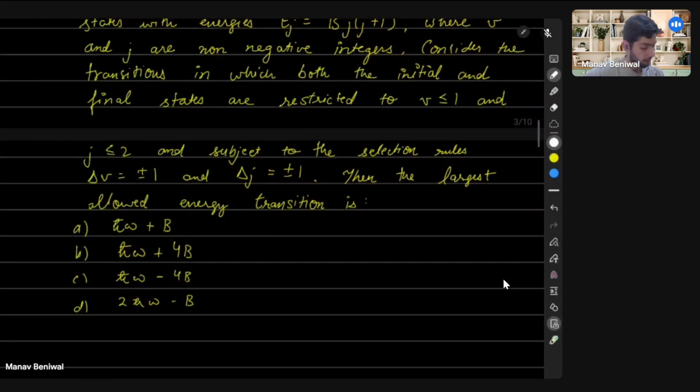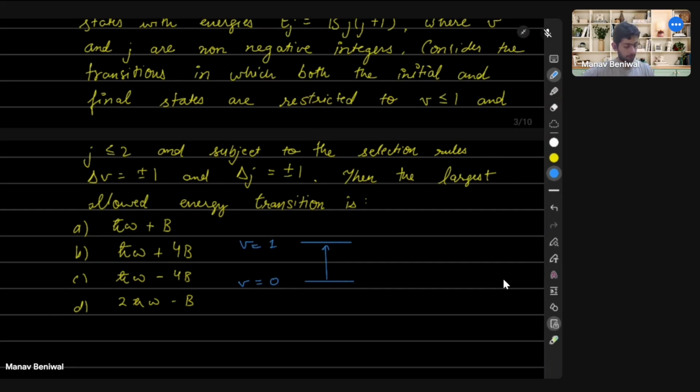So for vibration we have only two states, and there is only one possible transition. So we cannot do anything about that. There's only one possible transition.